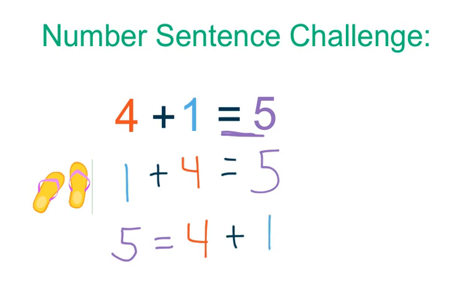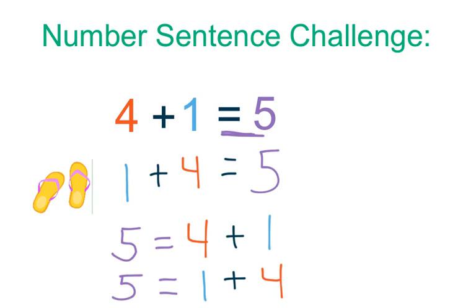Let's let 5 go first one more time. 5 equals, now let's see, I already have 5 equals 4 plus 1, so this time 1 gets to go first. 5 equals 1 plus 4.